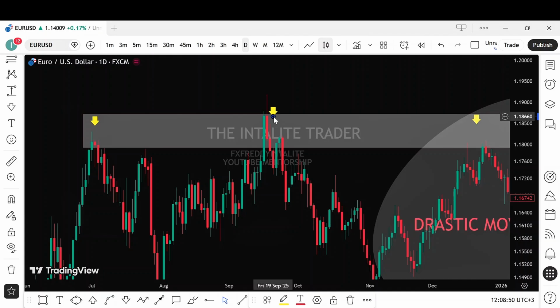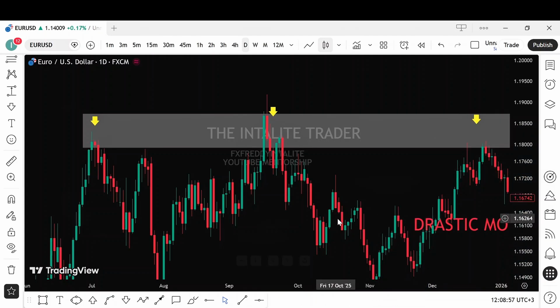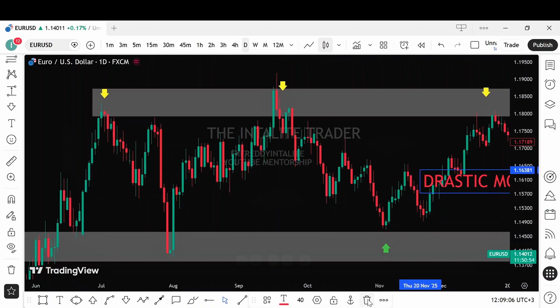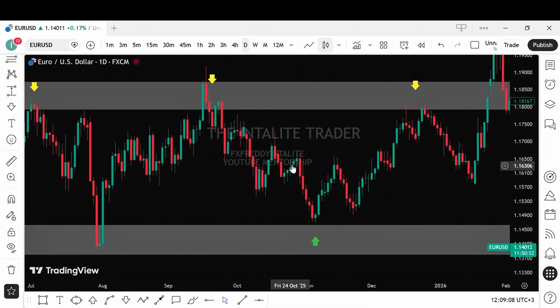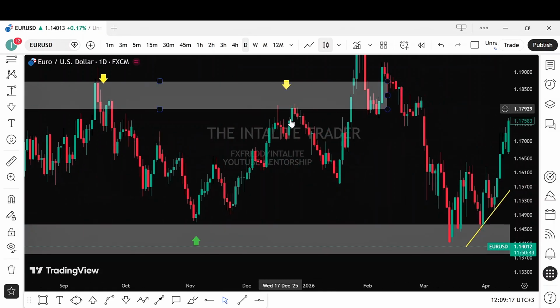And when I talk of the big boys, I mean the banks, the elites. They will be looking forward to open and close positions at such areas. Because of the opening and closing of these positions, that's why you see price trade away drastically. The move away is very steep.